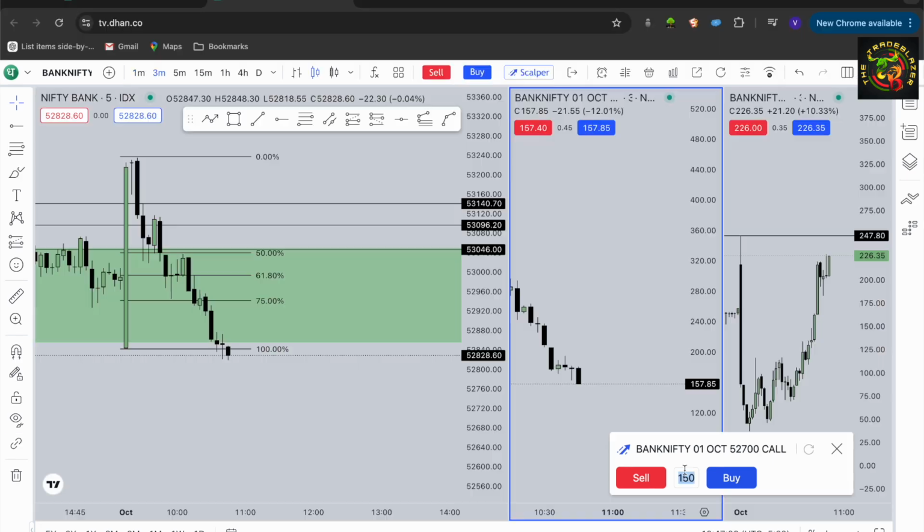So let's do a small analysis, guys, for the next trade. You can see here right now Bank Nifty broke below today's low and then showed a wick for the first time and tried to close above today's low. That was the first confirmation. And second confirmation, right now Bank Nifty is not willing to go down immediately.